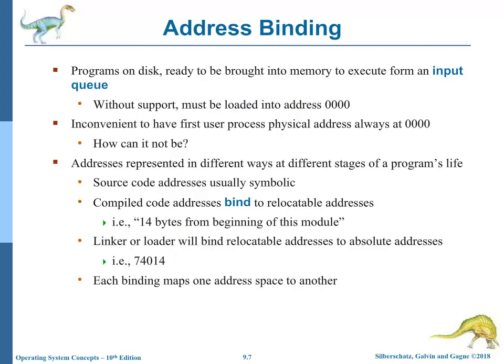User programs typically refer to memory addresses with symbolic names, such as, in a C++ program, i, count, average temperature, etc. These symbolic names must be mapped or bound to physical memory addresses, which typically occurs in several stages.